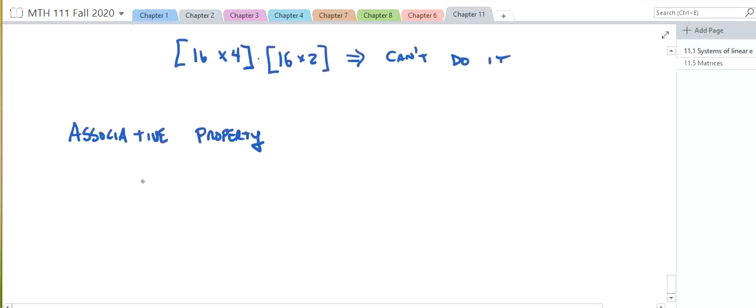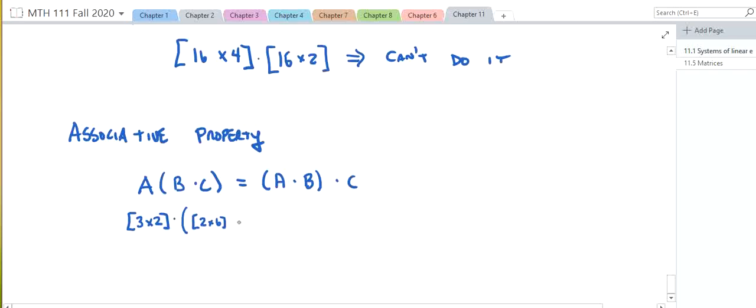All right, we have the associative property for multiplication. A times B times C equals A times B times C. So that's allowed. And it kind of makes sense when you think about this. Say you have a 3 by 2 matrix and you multiply it by a 2 by 6 and then times a 6 by 1 matrix.